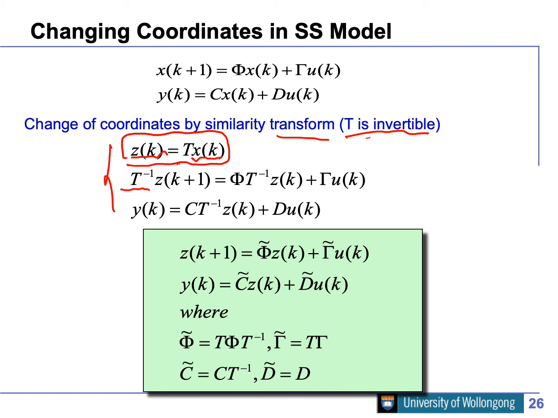Okay, this is the relationship between phi and gamma and B and C, and C and D. So this is a relationship between phi and the new phi, and the relationship between gamma and the new gamma.